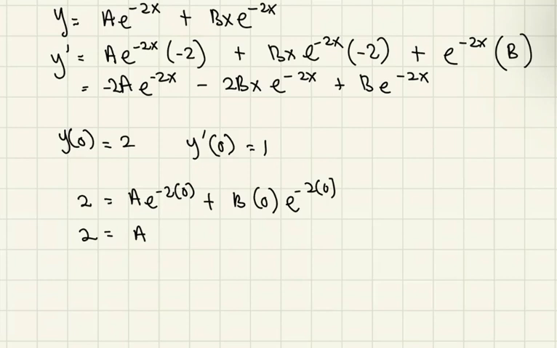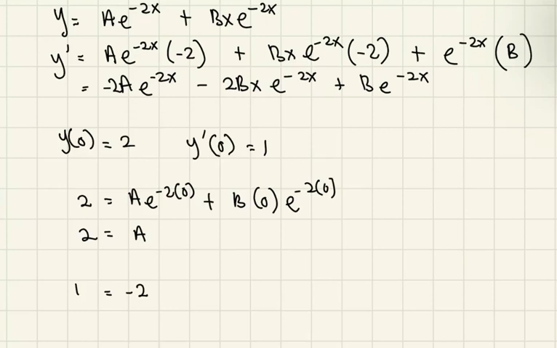Substitute second condition, y prime 0 equal to 1, into the second equation. So we have 1 equal to minus 2a.